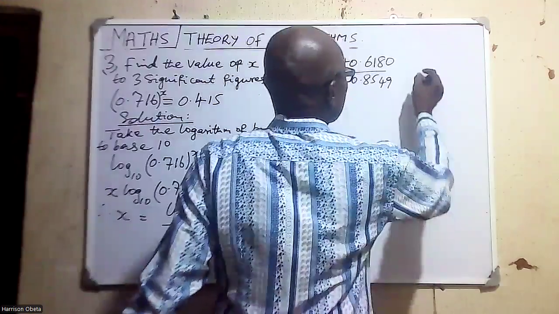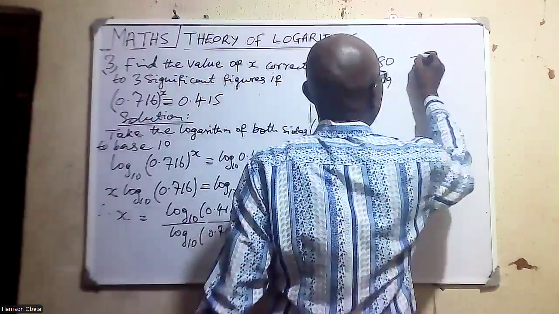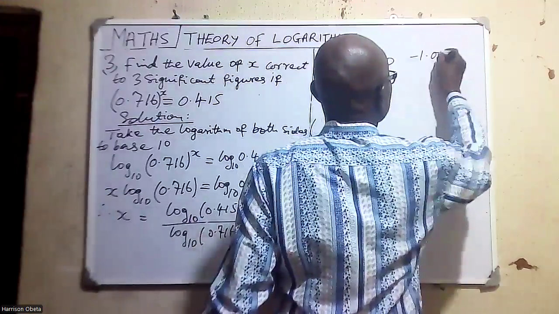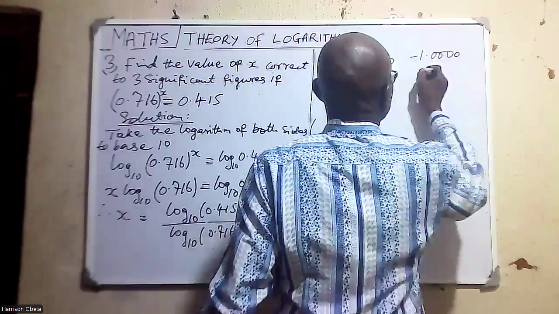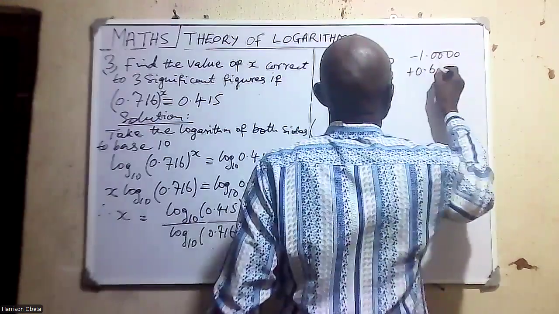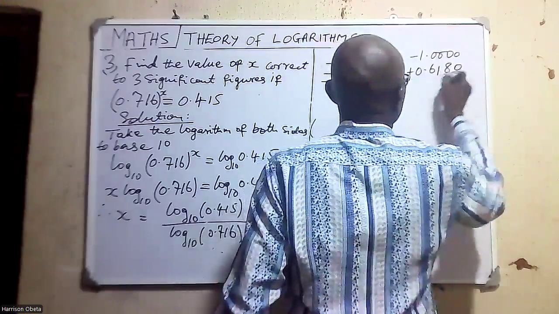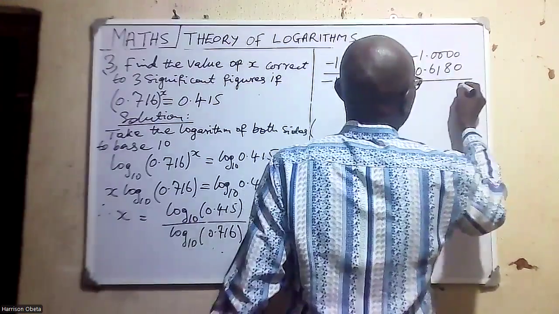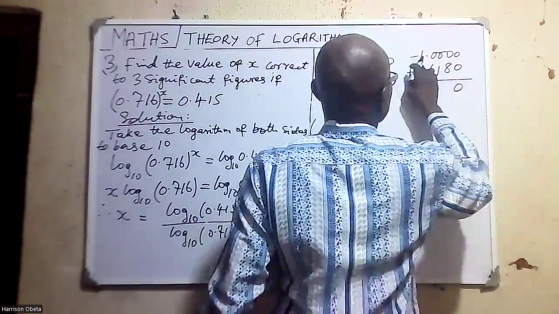So we have -1.000, then plus 0.6180. And that will give us 0.